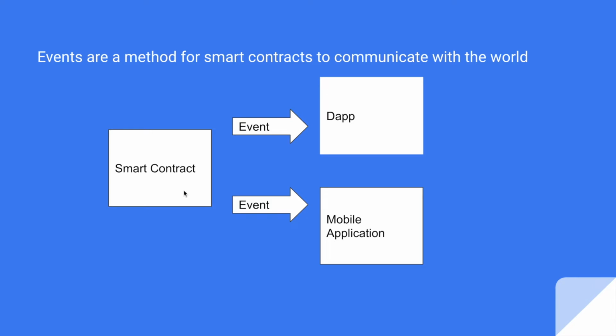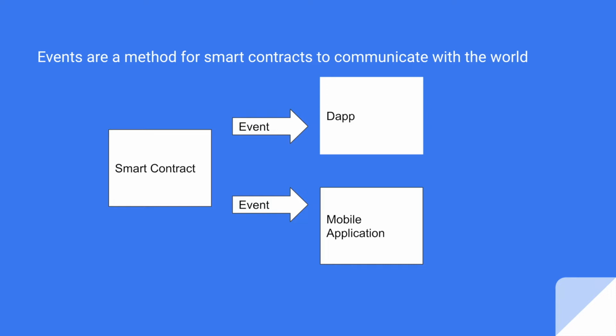For example, our smart contract might be a decentralized exchange, and this application might be a trading app that is only interested in certain events, like certain trades. So instead of continually polling the smart contract, the decentralized application can be notified by means of an event if a particular trade happens, for instance.